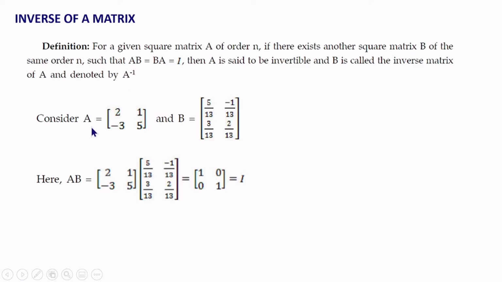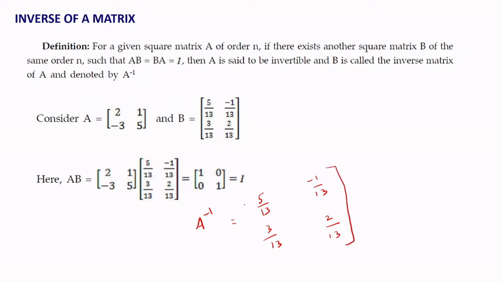So if we consider A equal to this matrix and B equal to this matrix, here we have A into B equal to the identity matrix. So in this case, we call this matrix B the inverse of A, or we write A inverse is equal to 5 by 13, minus 1 by 13, then 3 by 13 and 2 by 13.